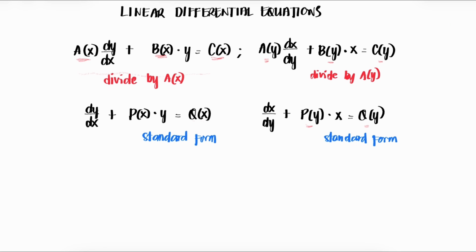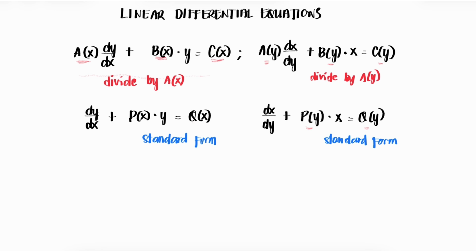Now how do we solve these linear differential equations? Let's just focus on this equation right here on the left side. What we're going to do is multiply both sides of the equation by dx.